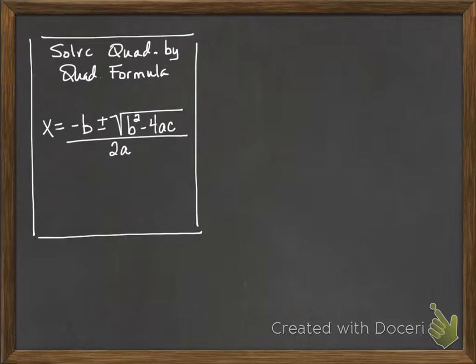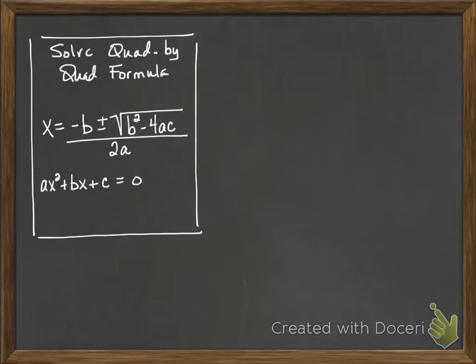Alright, so you may be wondering, where does the a, the b, and the c come from? It comes from your quadratic equation being in standard form. So in this situation, standard form means your equation has to be set equal to 0. We mentioned that earlier.